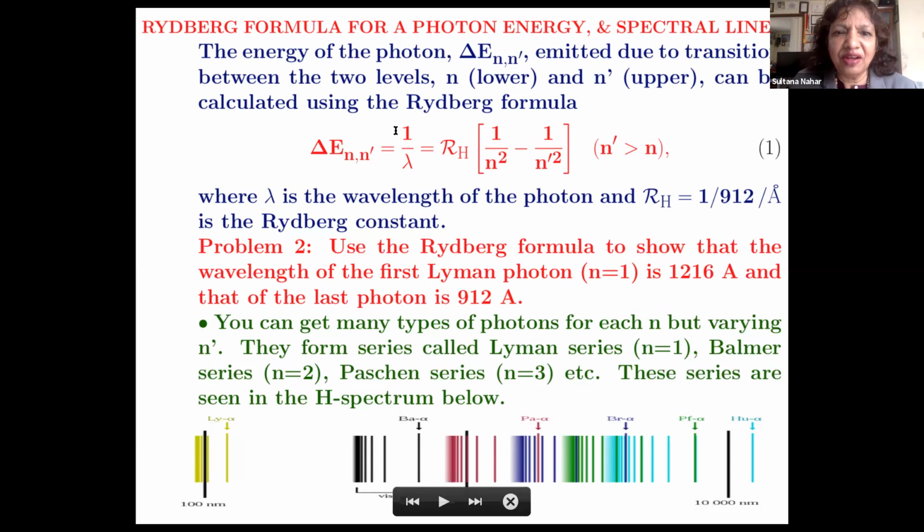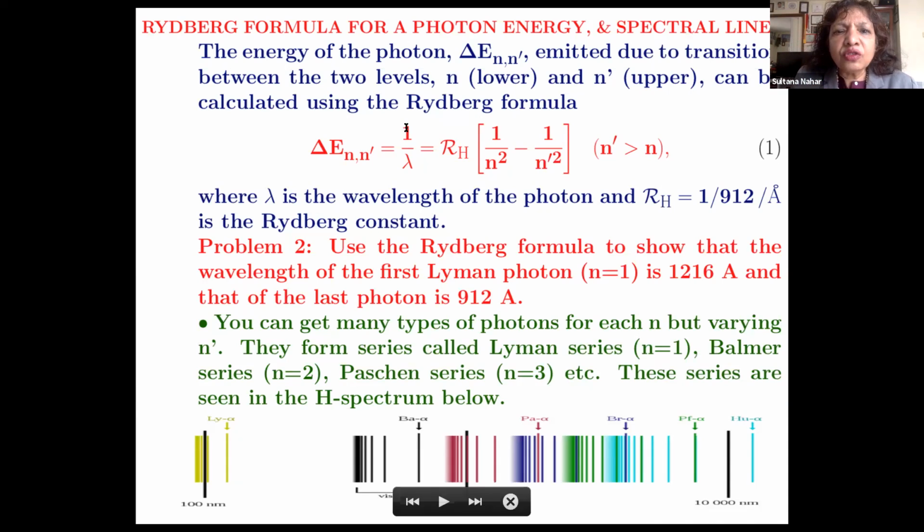Using this formula, called the Rydberg formula. Delta E means the energy difference between two levels, n and n prime. n is the lower level, and n prime is the upper level, from where the electron is dropping down and giving out that photon.